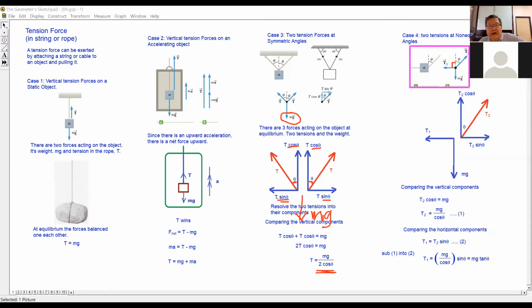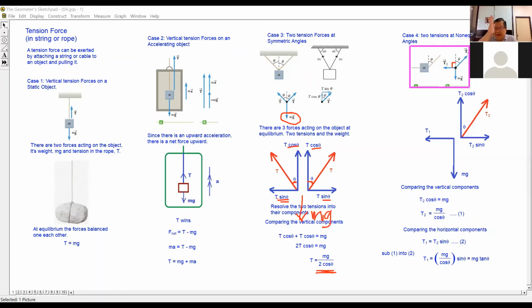We are going to resolve the two forces, T1 and T2, into their components and calculate T1 and T2. Since the object is at equilibrium, that means the object is not moving, it is stable. The net force is 0. So all the three forces balance one another.